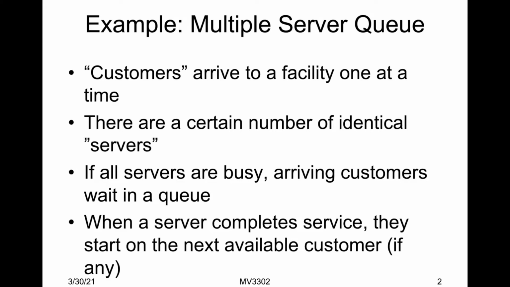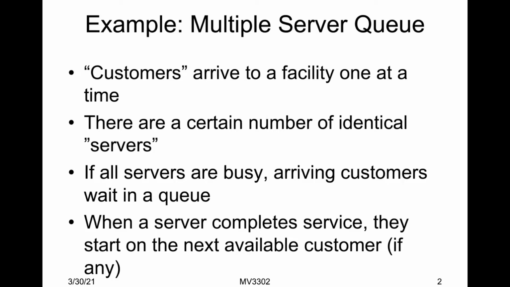Our first Hello World model was that arrival process in which we're just modeling things that kind of show up. One of the most common applications of that type of thing is a situation in which customers, and I'm putting customers in quotes, because this can model things where the customers may not necessarily be literal customers, arrive to a facility one at a time, and there are a certain number of identical servers, again, servers in quotes.